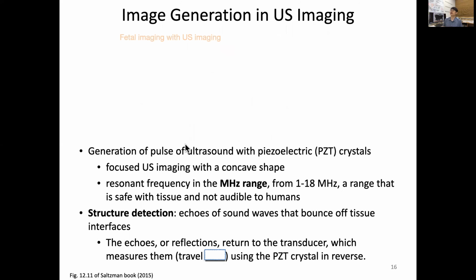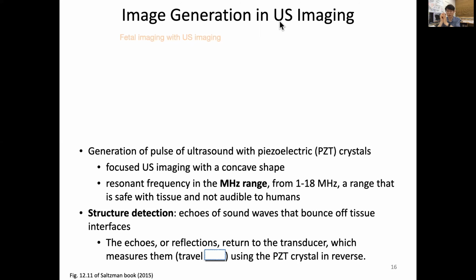So how do we generate images using ultrasound? Let me first show you a basic ultrasound. You send a wave through the tissue, and tissue is composed of different types of organs, especially interfaces, and their properties with respect to interaction with the sound wave are different.